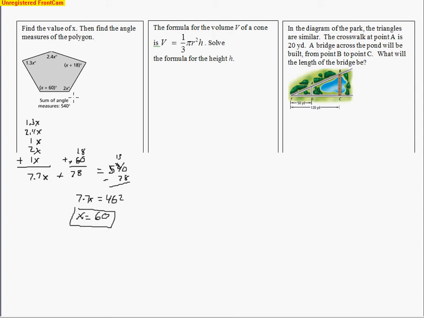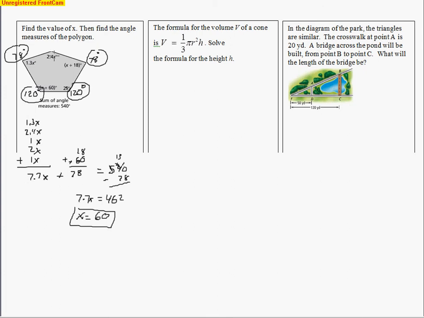Now you substitute. So it's just 2 times x, and that gives me 120. And then 60 plus 60 makes another 120. And then over here we have to add 60 and 78. Well, 60 and 18 makes 78. And over here we're multiplying 1.3 times 60, and that also gives us 78.